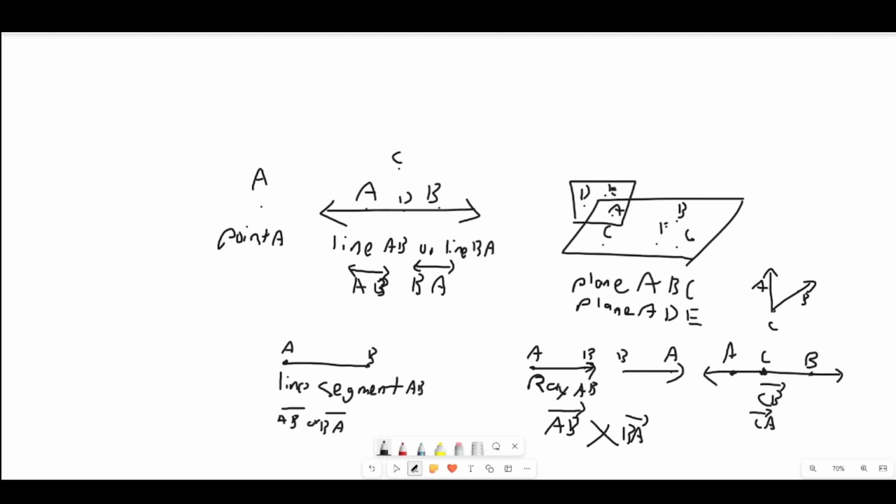But since in this case CA and CB are going in opposite directions and C is the endpoint for both, these two are opposite rays. So CB and CA are opposite rays.